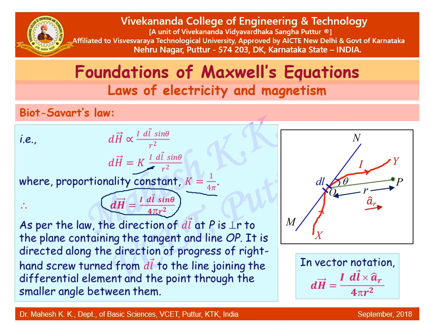In vector notation, Biot-Savart's law can be written as dH vector is equal to I dl vector cross a_r cap divided by 4 pi r square, where a_r cap is the unit vector directed from the point O towards P.